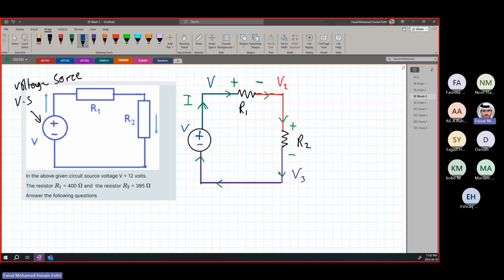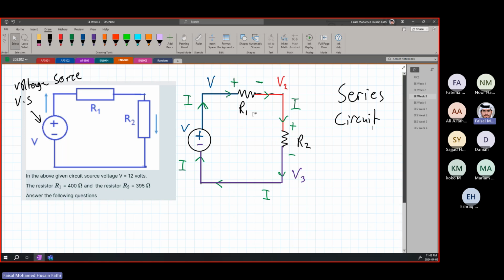But the current, when it goes through components, stays the same. So here we have I, here we have I, here we have I. This is what we call a series circuit. This is what a series circuit looks like. Okay? And what about the voltage drop? I don't want to go too much into detail about that, but when it goes from the blue side to the red side, we say there is a voltage drop across the resistor.